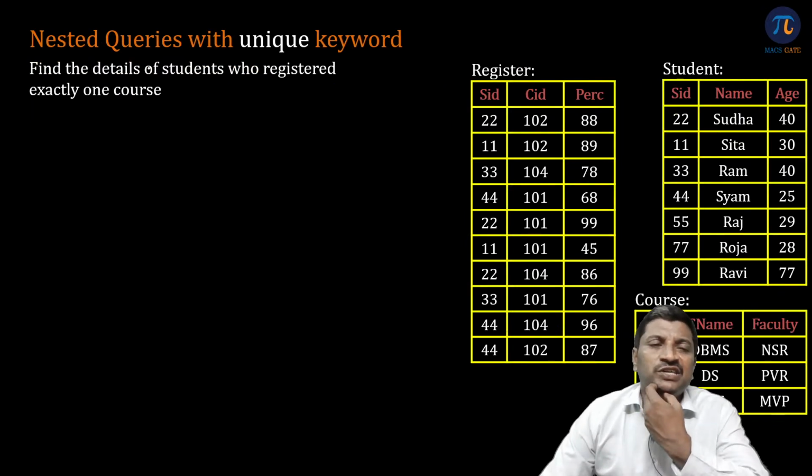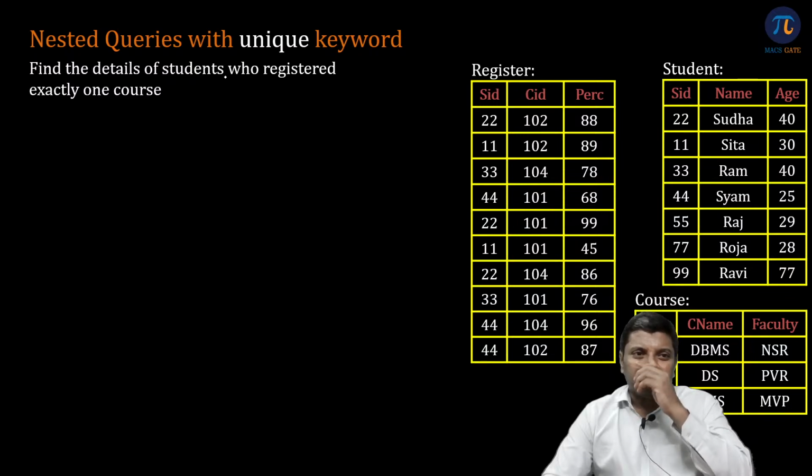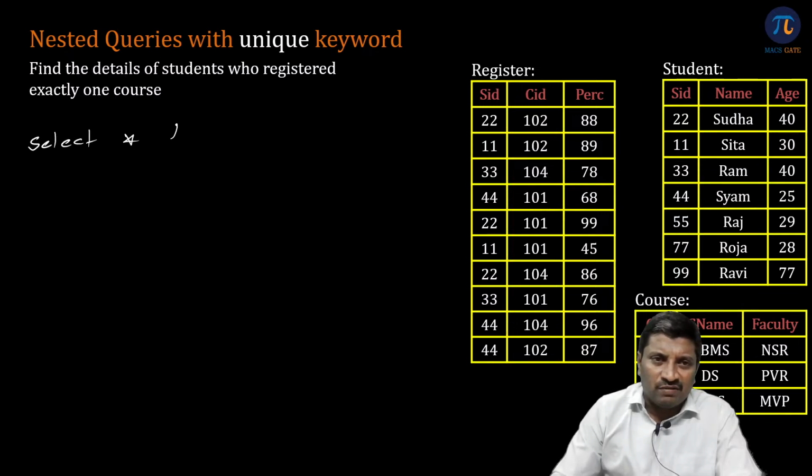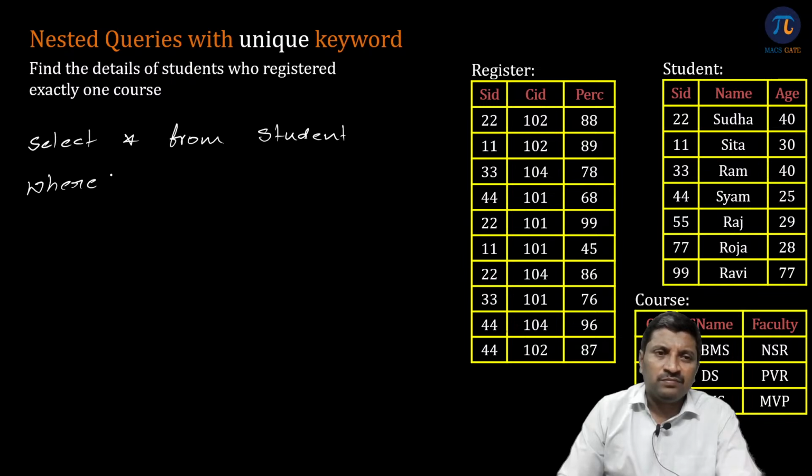The next one. Nested queries with unique keyword. Find the details of the students who registered exactly one course. Select star from student where... So suppose I write like this.